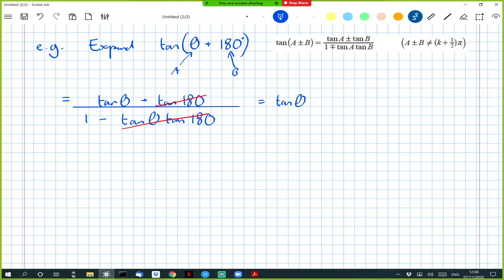So tan of theta plus 180 is tan theta. Well, we knew that because we knew the period of the tan graph is 180. So we haven't really proved anything new there. We've just verified that the tan graph has a period of 180 degrees, or in radians, pi. So there's nothing new that we're finding out here, other than how to use the trig formulae.